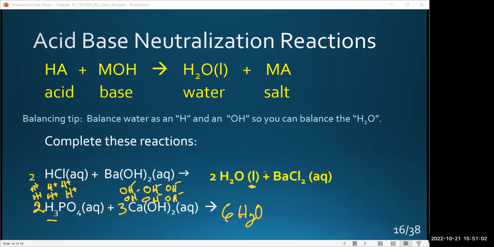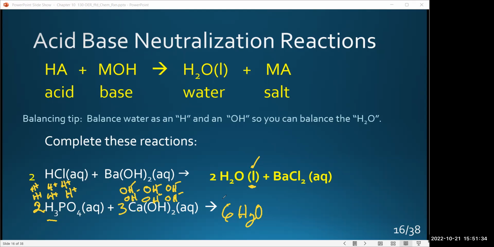I've seen some pictures, especially in the beaker drawings, where water is shown breaking up as ions. It doesn't happen. Water is a covalent compound and does not dissociate into the protons or hydroxides. So water remains intact, and when you make it at room temperature, it's a liquid. So its physical state is L for liquid.